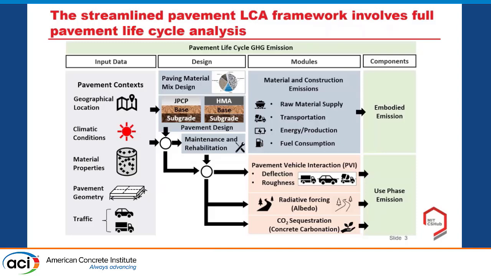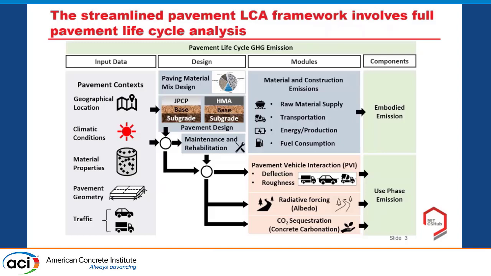For example, for concrete, the PCC elastic modulus and rupture, and for asphalt, the AC binder type and air content, etc. Pavement geometry, such as the length of the concrete pavement, joint spacing, slab width, etc., and also for asphalt pavement, and most significantly the traffic loadings from the life cycle perspective.